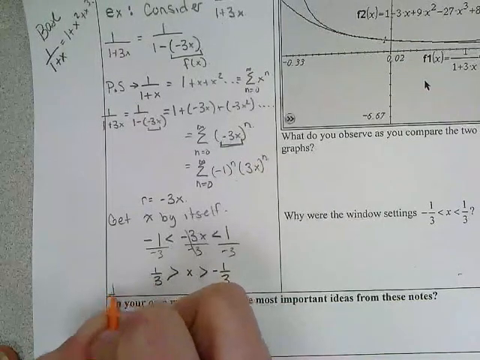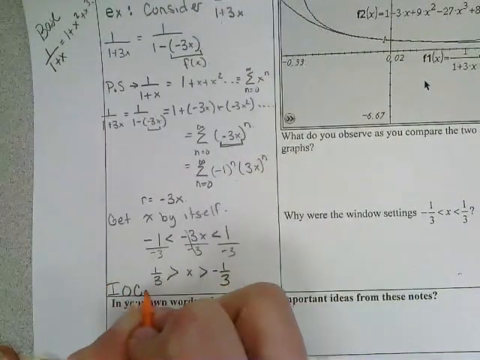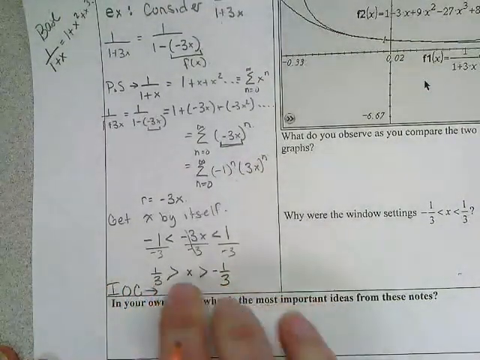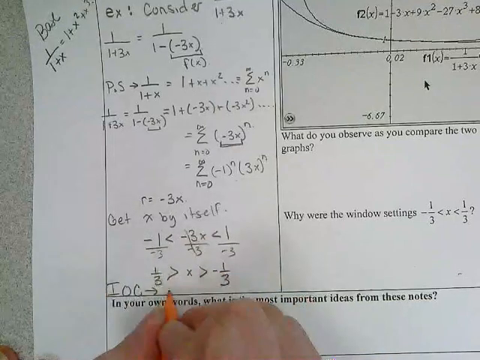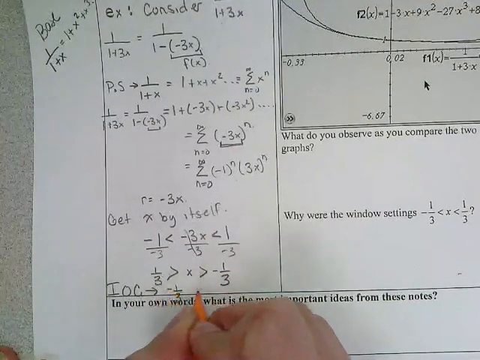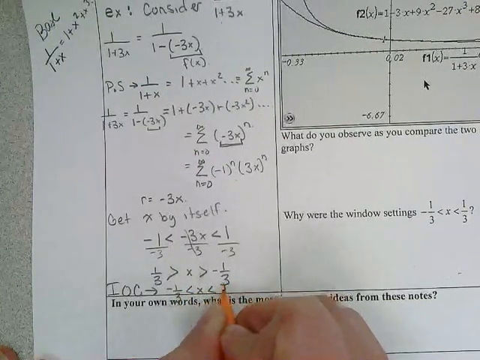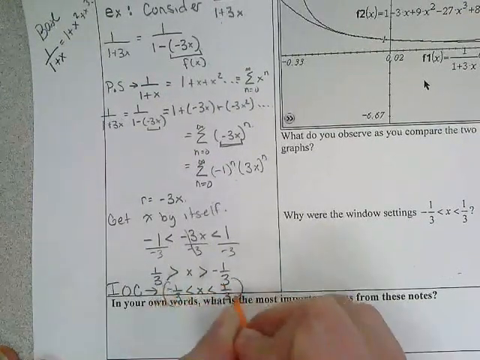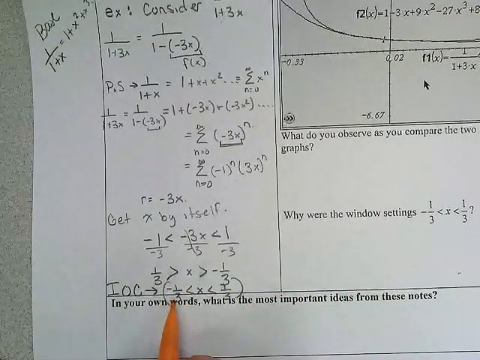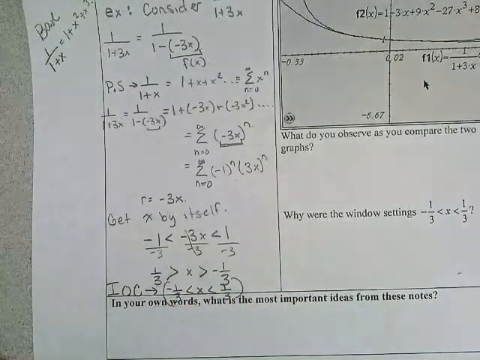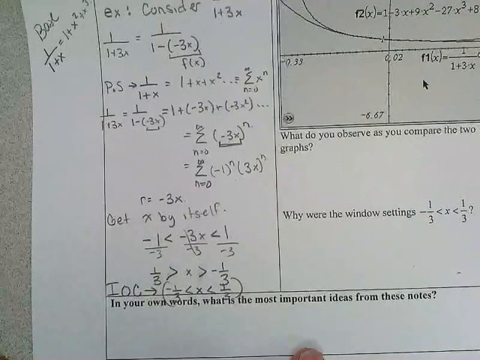But just to leave it in notation that we're used to, I'm basically going to flip these around, and say, all right, it's negative 1/3 to x to 1/3. So my interval of convergence is between negative 1/3 and 1/3.